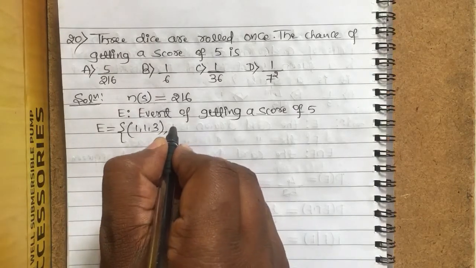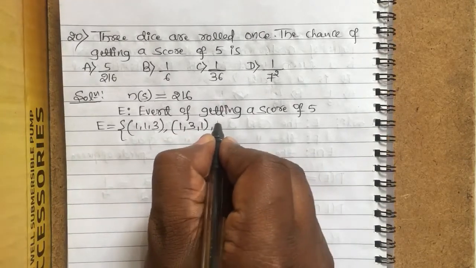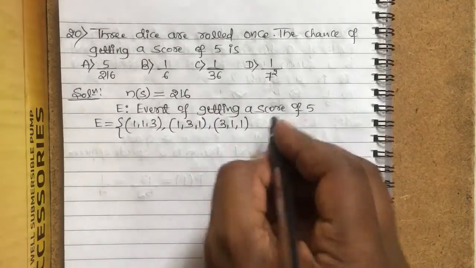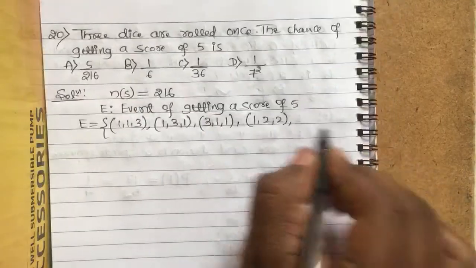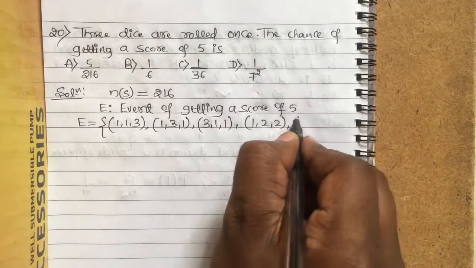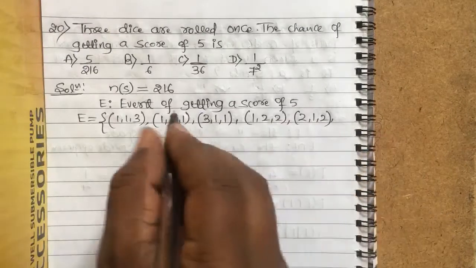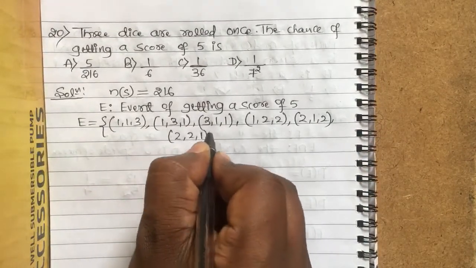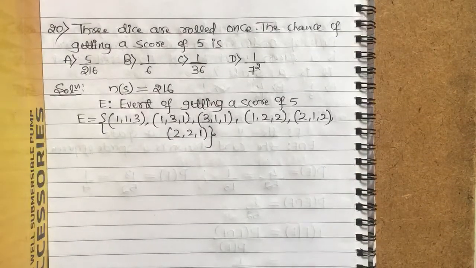Then next outcome can be 1 comma 3 comma 1, and next outcome can be 3 comma 1 comma 1, and then 1 comma 2 comma 2. So add these 3, the sum will be 5, and then 2 comma 1 comma 2, and then we can have 2 comma 2 comma 1. So all these 6 outcomes will give the sum as 5.